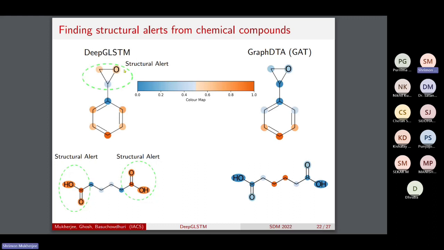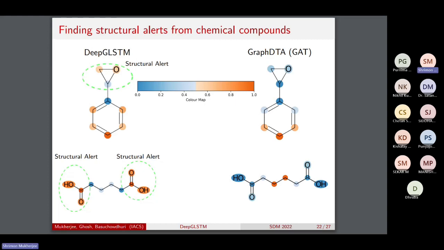So there is another chance that a drug which our model predicts can be applied against SARS-CoV-2 can have some side effects, like toxic side effects.